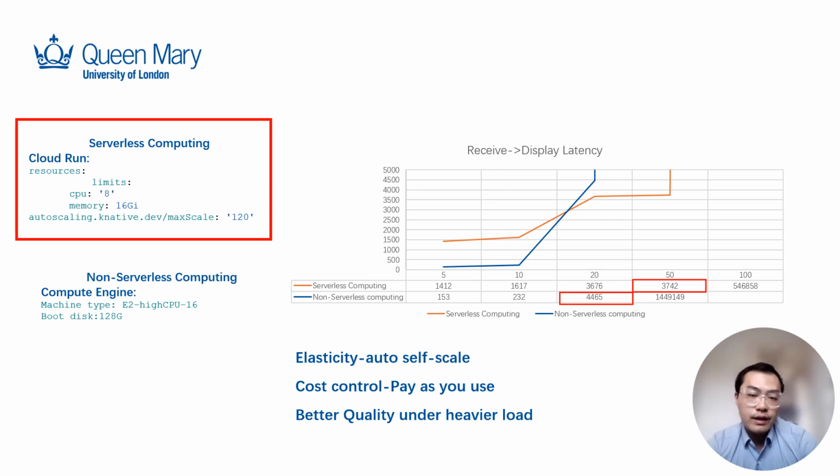First of all, it has better elasticity because it can auto scale up. Secondly, it gets better cost control because you pay as you use instead of hosting a server constantly. And it shows better quality under heavier load, so that's why we choose it.